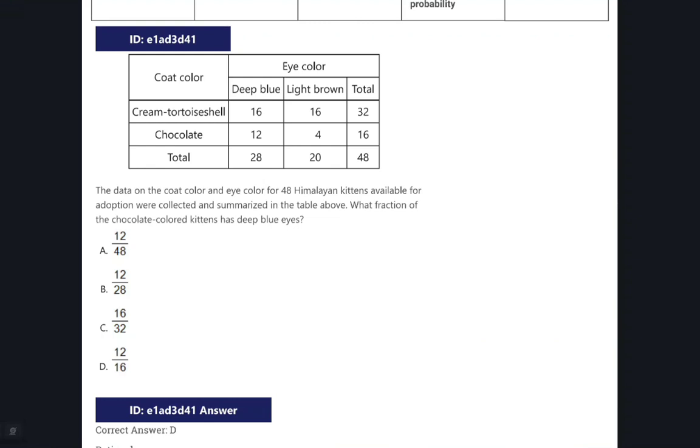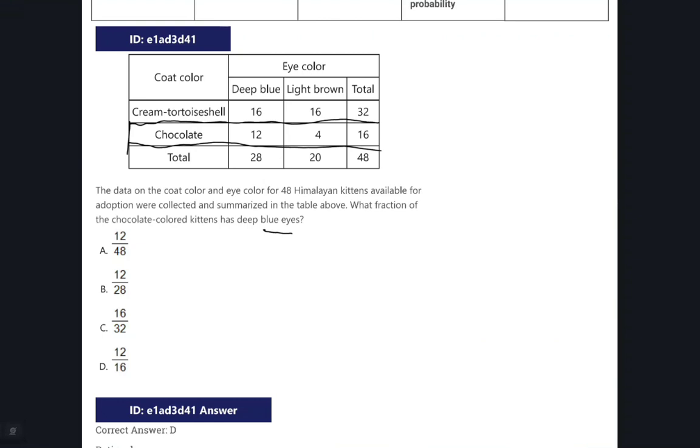Okay, so we have the total number of chocolate colored kittens, and you need them to have deep blue eyes. So we're focusing on that row only. Why are we focusing on it?